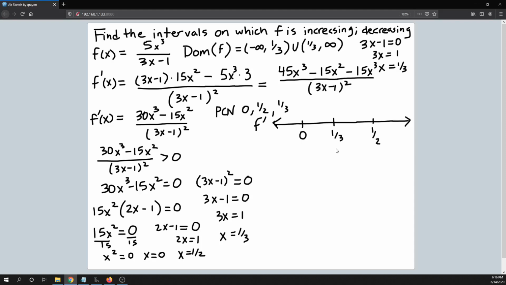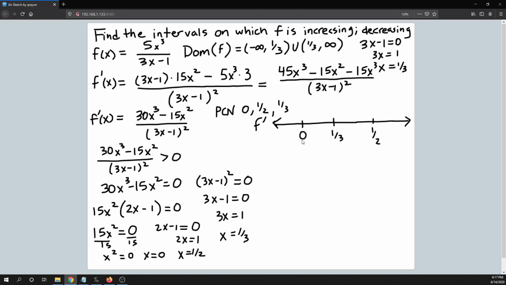All right, and at this time, it is a good moment to figure out which of the possible critical numbers are actually critical numbers. The way we check that is by checking to see if they are in the domain of the original function f. And we can see that the domain of the original function f is all real numbers except 1/3.